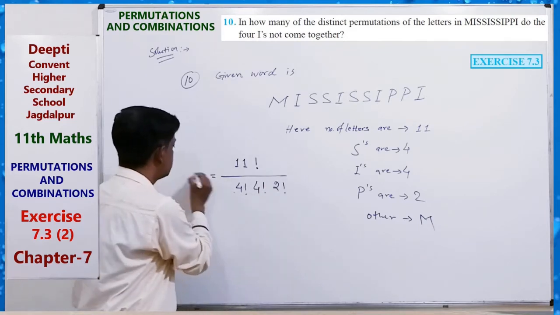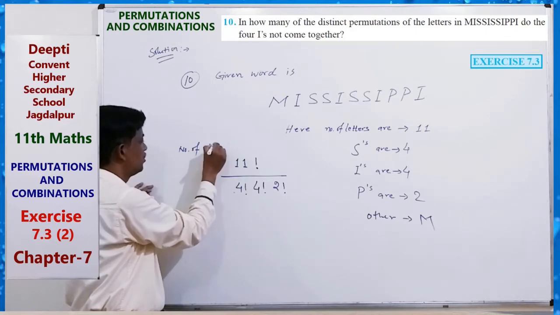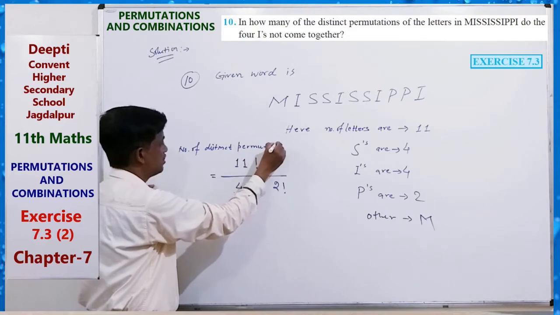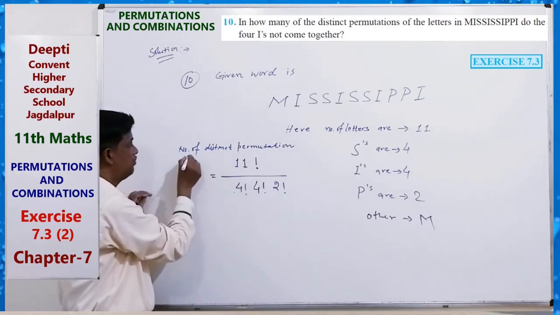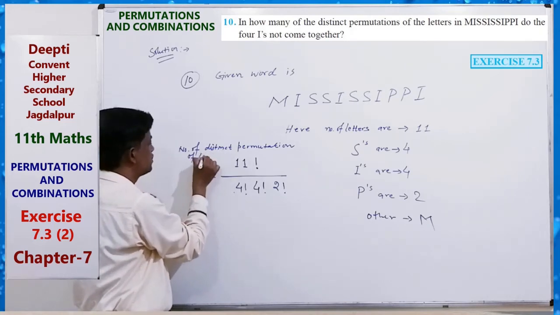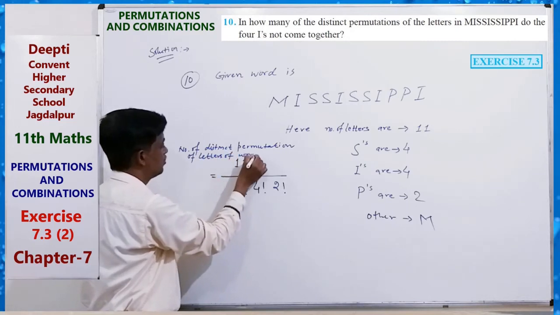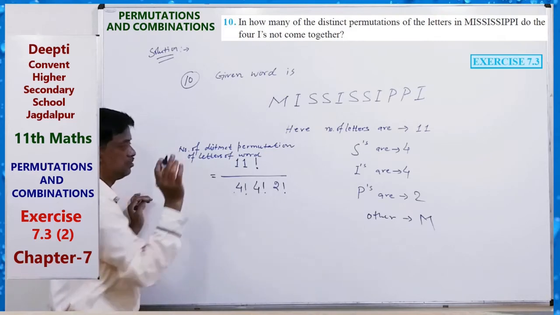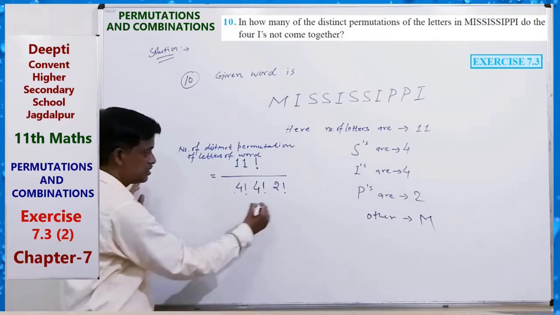This is the number of distinct permutations of the letters of the word. Okay, you can just calculate it.